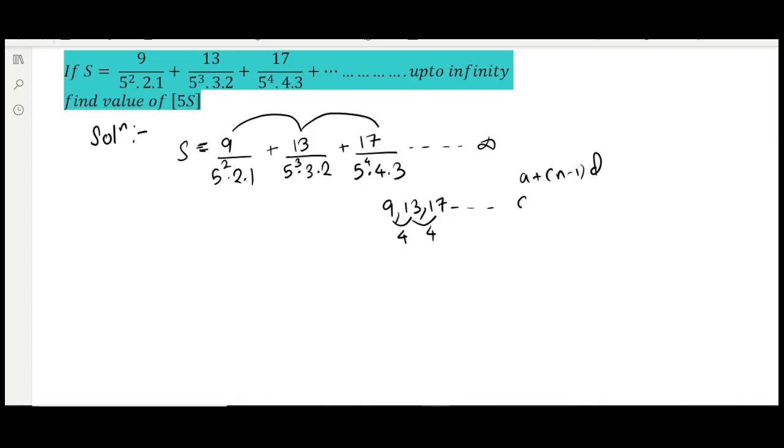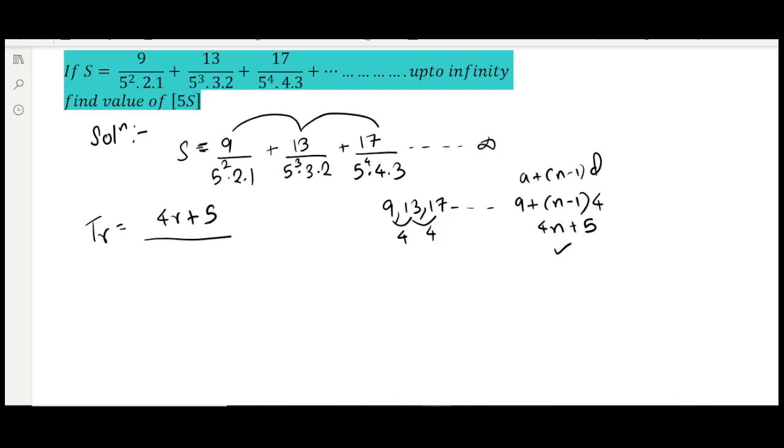Then A is 9 here, so 9 plus (n minus 1)d. The general term would be 4n minus 4 plus 9, that is 4n plus 5. So the rth term of the numerator would be 4r plus 5.